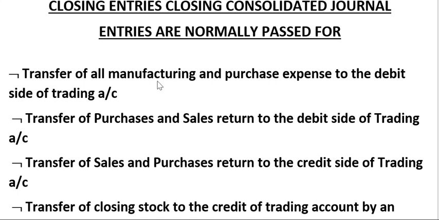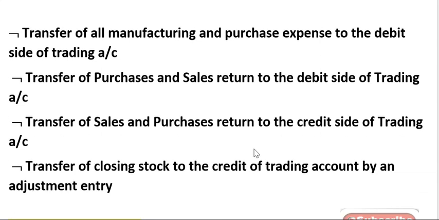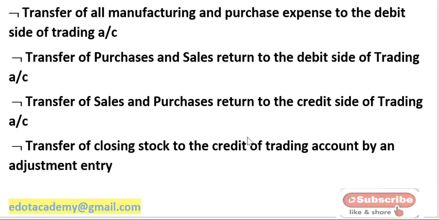You have to remember here, transfer of all manufacturing and purchase expenses to the debit side because it is directly related to trading account. Okay. Transfer of purchase and sales return to the debit side of trading account. Transfer of sales and purchase return to the credit side of trading account. You have to do this entry as per whether it is debit side or credit side.